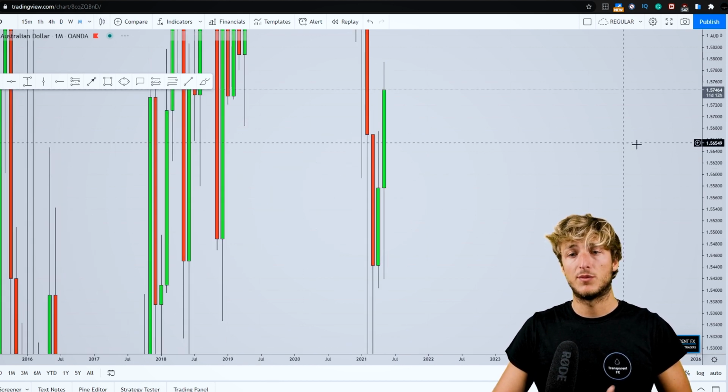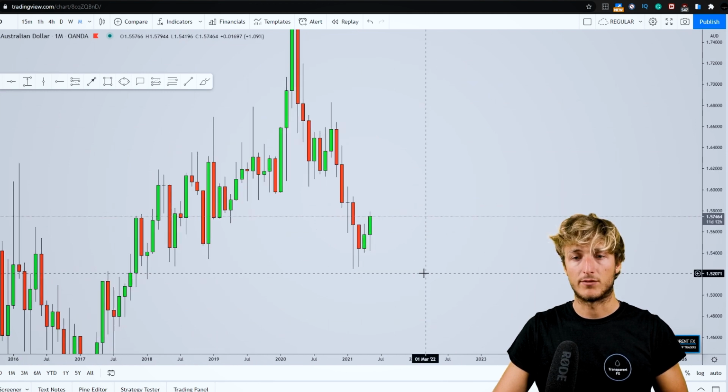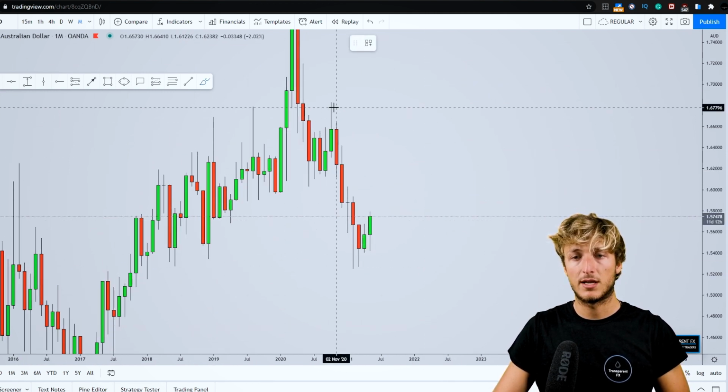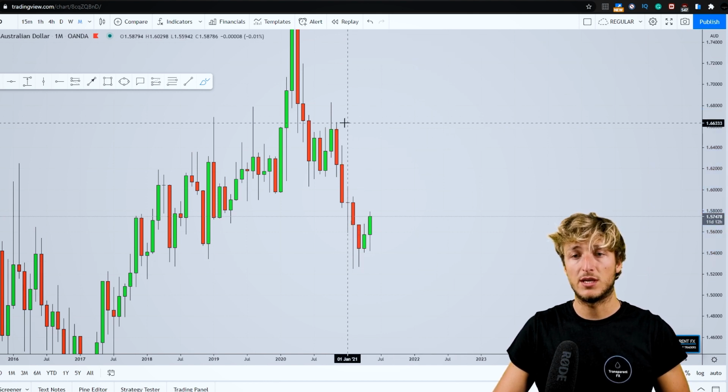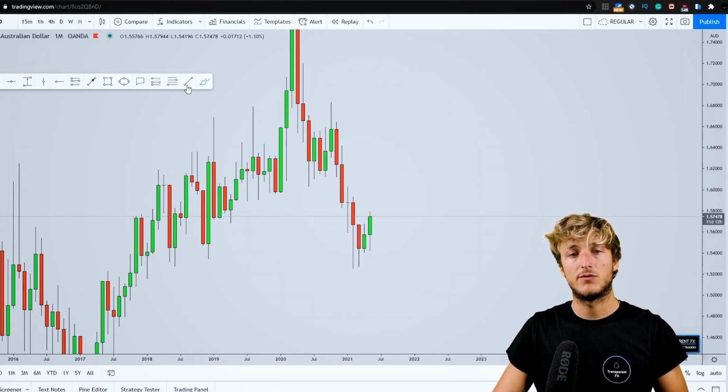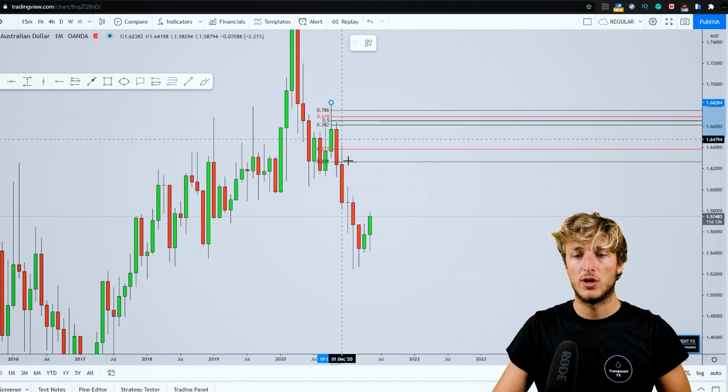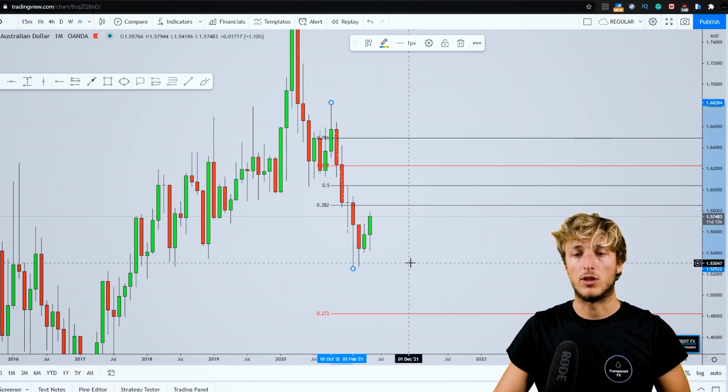Now, starting here from the monthly time frame, what do we have? Here on the monthly, we can see that the market has just provided a quite strong impulse to the downside. Generally speaking, after the creation of an impulse, if you want to measure the correction, you have to take your Fibonacci from the high to the low of the impulse.